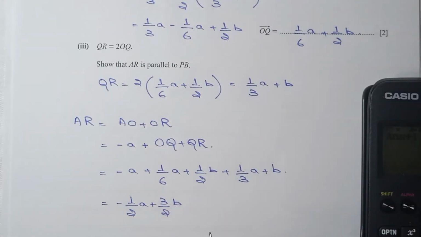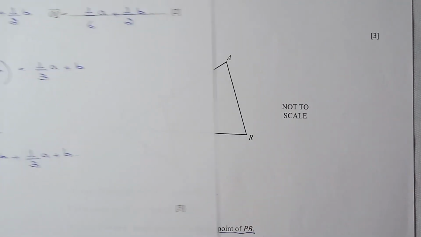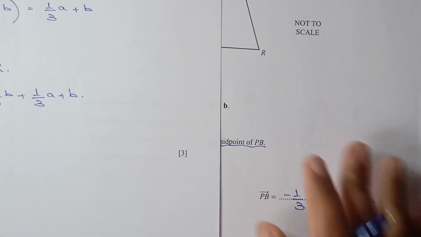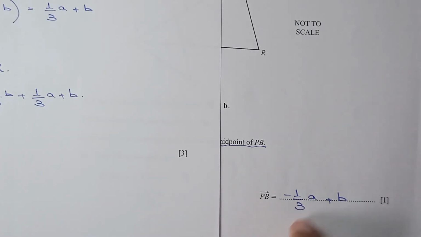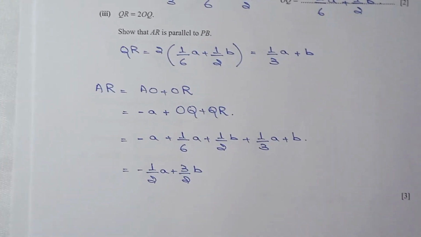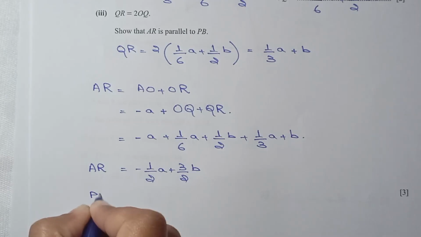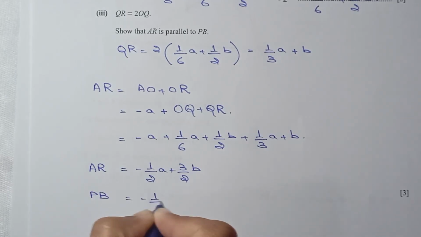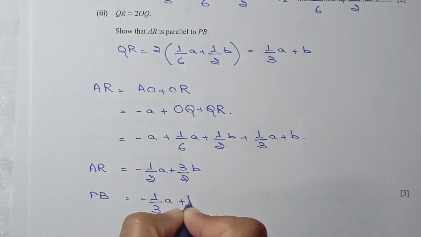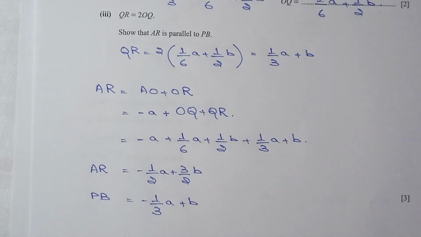So this is AR, right? So we have AR, and what is PB? PB is equal to minus 1/3 A plus B. Okay, so AR is this and PB is minus 1/3 of A plus B, and we need to show that AR is parallel to PB, meaning AR must be a multiple of PB, right?